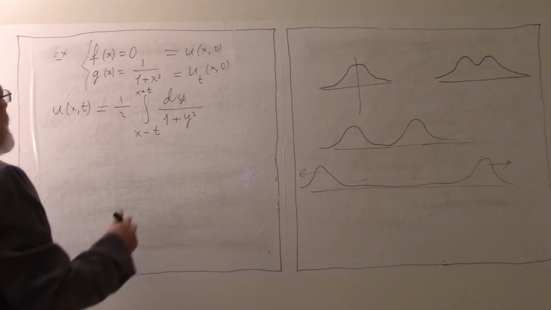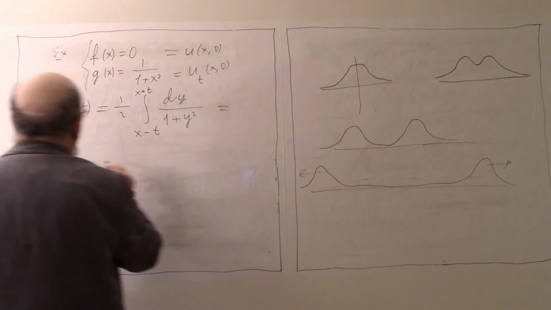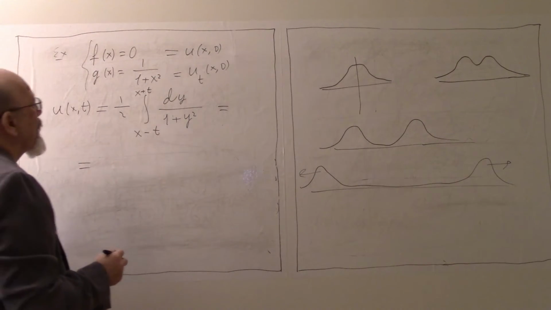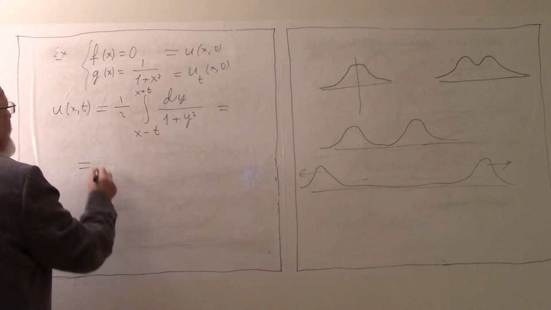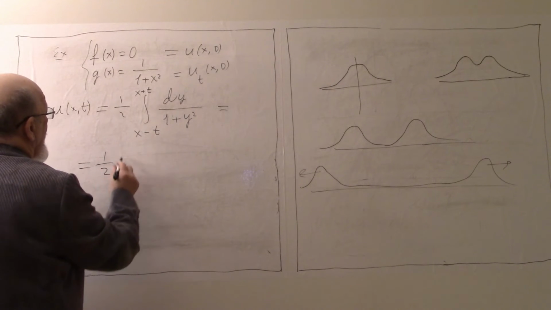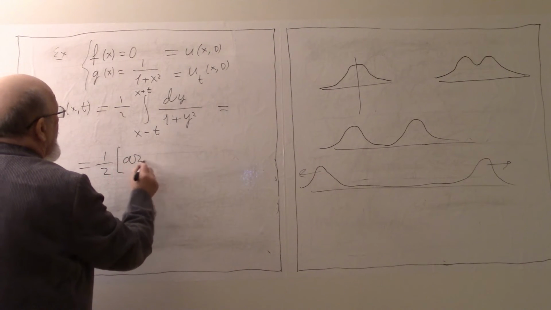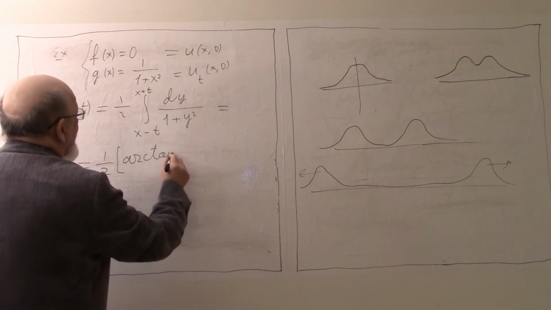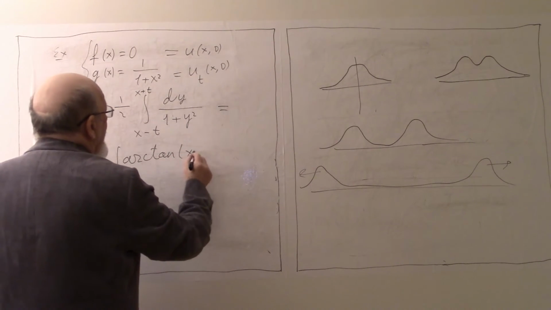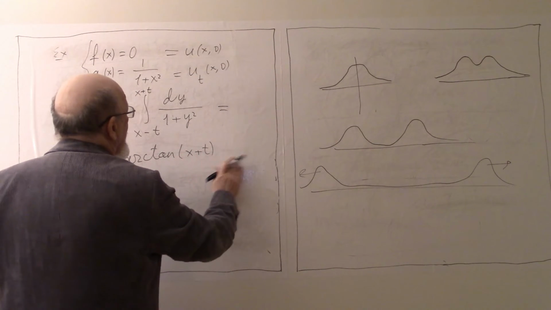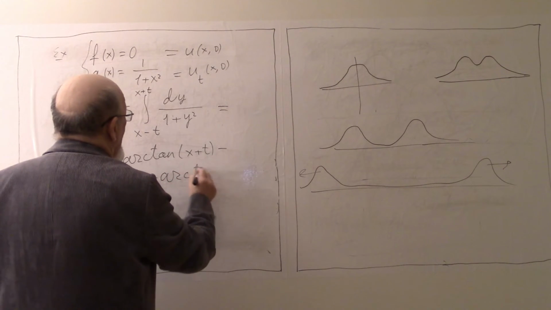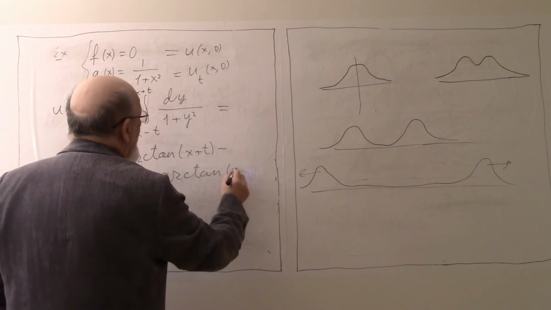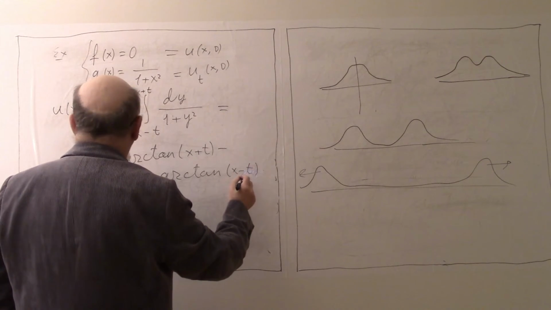You know, this integral is arctangent. So it is 1/2 times arctangent of x plus t minus arctangent of x minus t.